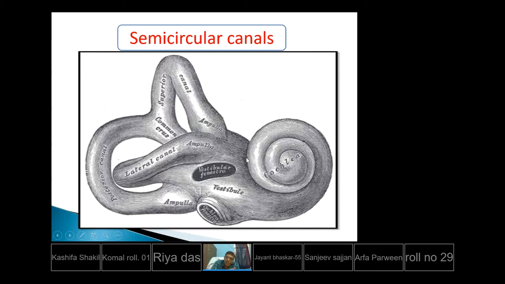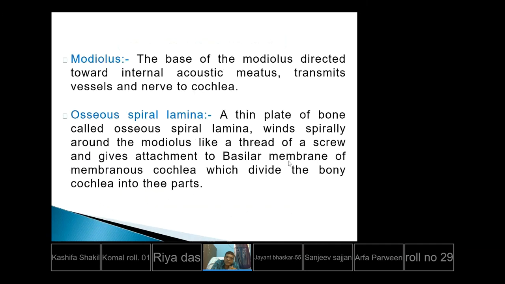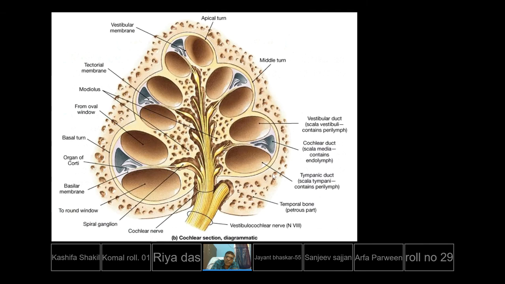This is the central axis, we'll discuss it later. Now you can see the inside of the bony cochlea, and the central part which acts as the axis is called the modiolus, and this is the outer boundary of the inside of the bony cochlea.